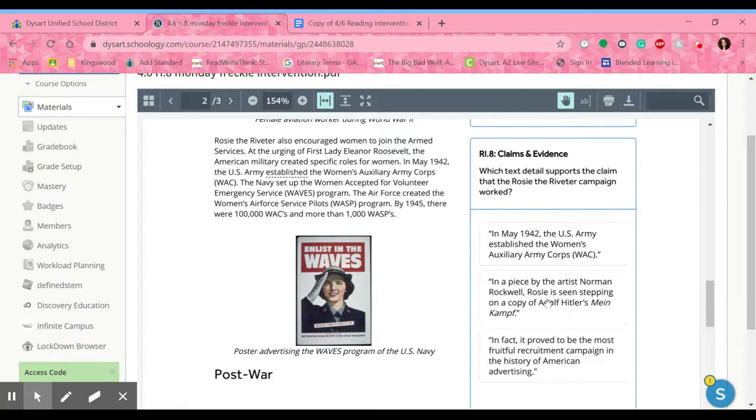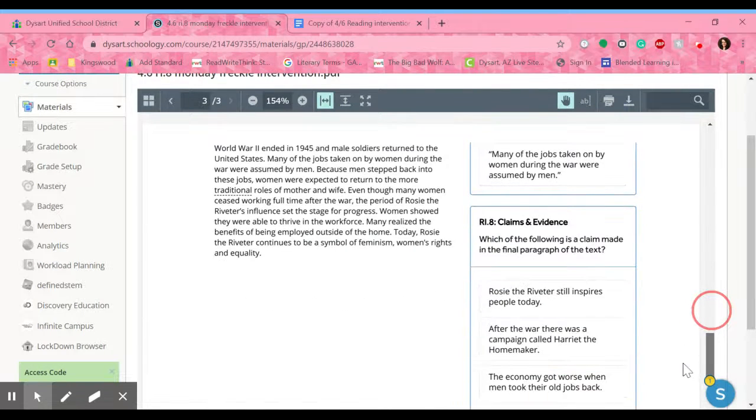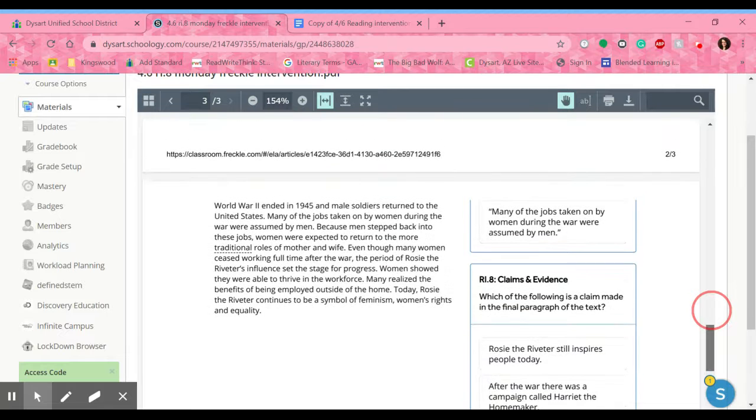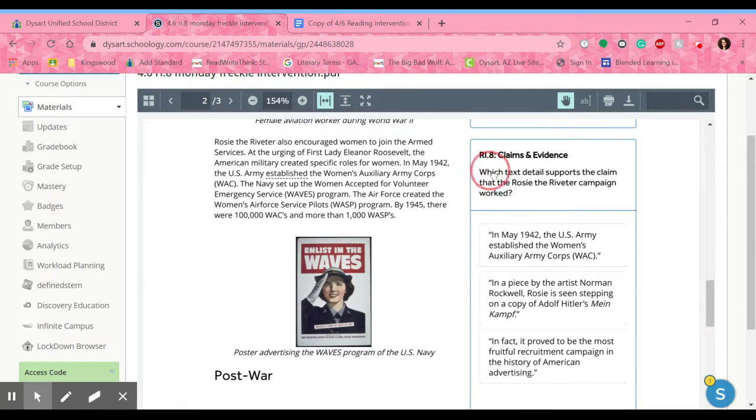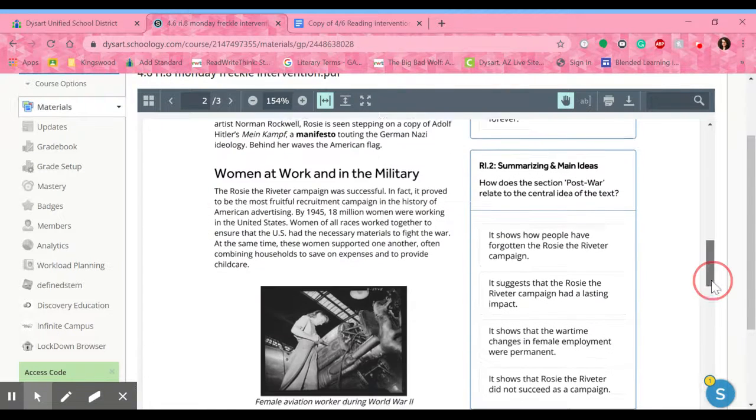In a piece by Norman Rockwell, Rosie is seen stepping on a copy of Adolf Hitler's Mein Kampf. In fact, it proved to be the most fruitful recruitment campaign in the history of American advertising. And 4, many of the jobs taken on by women during the war were assumed by men. Only one of those really supports the detail that it was an effective campaign. This one only wants you to pick one.